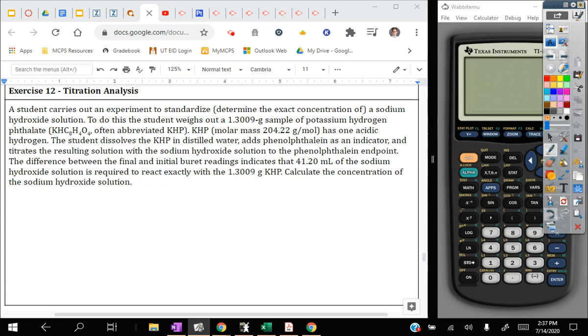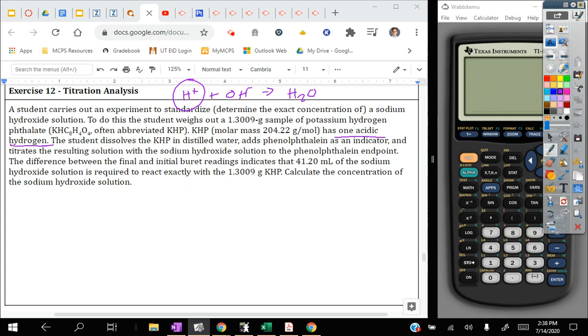The important information here is that we are dealing with one acidic hydrogen. So if we're thinking about a net ionic equation, that means the H plus comes from our KHP, and the OH minus comes from our NaOH, and we are forming water. We're trying to figure out the exact number of moles of each. We have the exact moles of H plus.